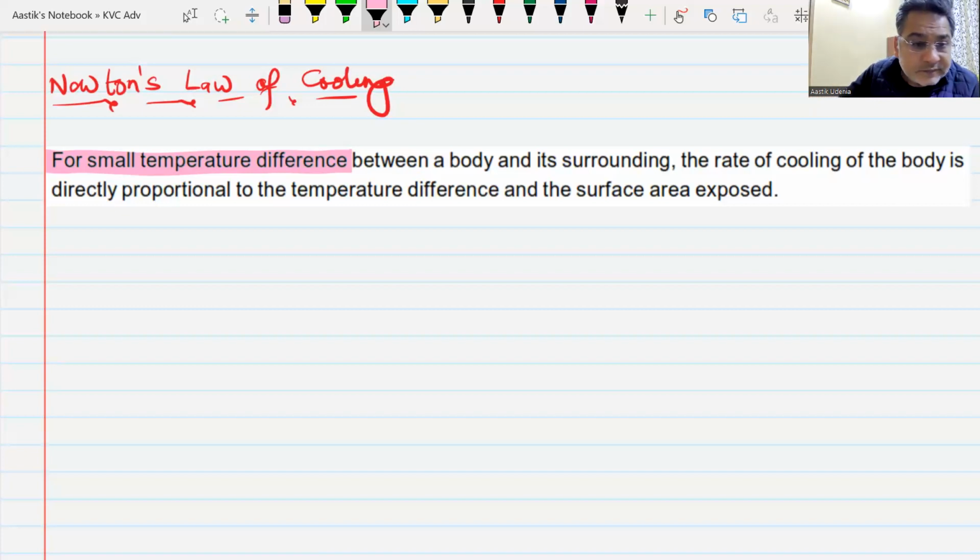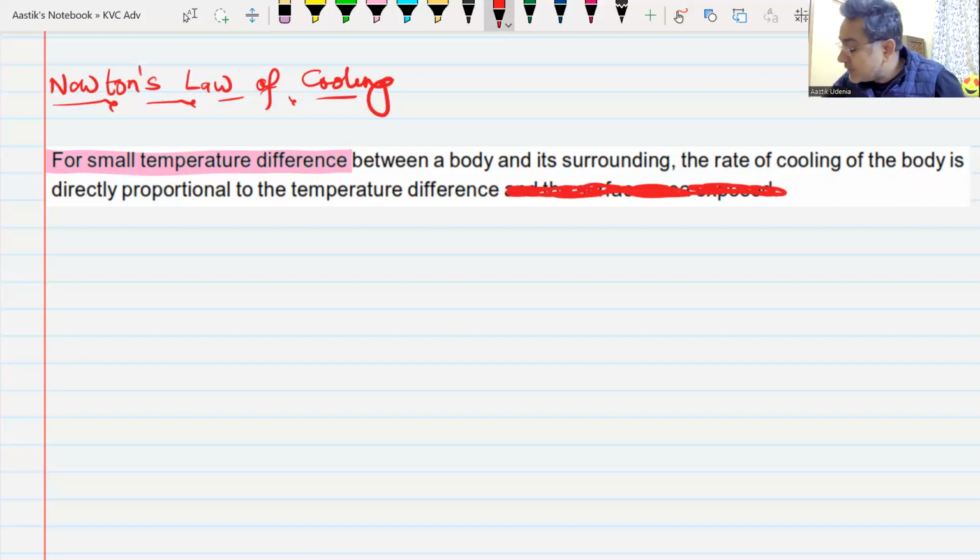That means d theta by dt is directly proportional to theta minus theta naught.